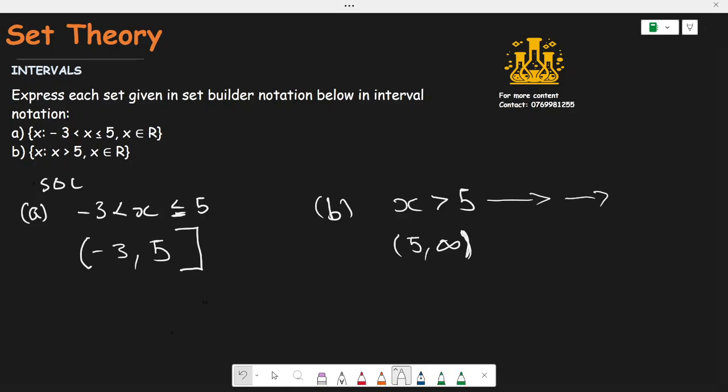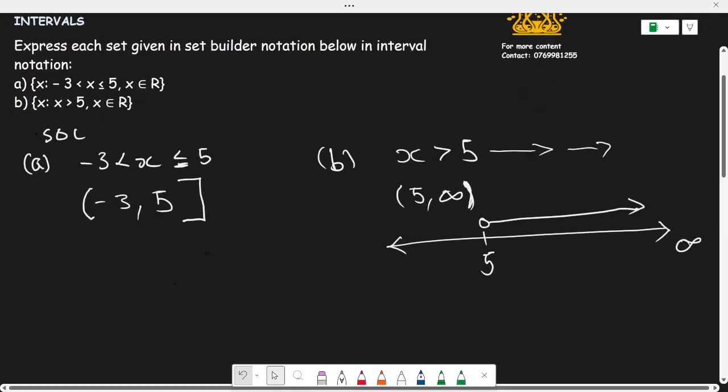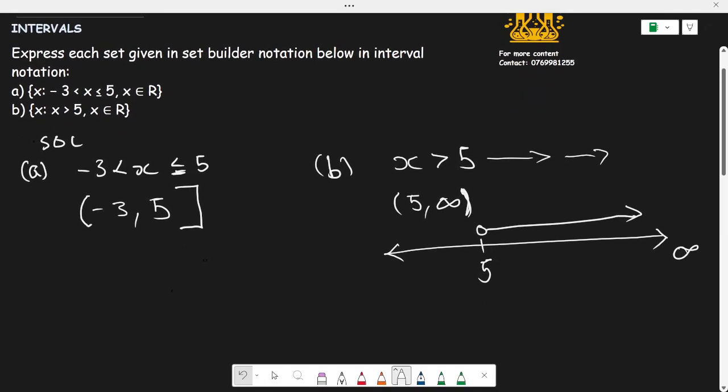So in the number line, this would look like this. So you have 5 here, an open circle, then just going this side towards infinity. For the first one, on the number line, it would look like this.